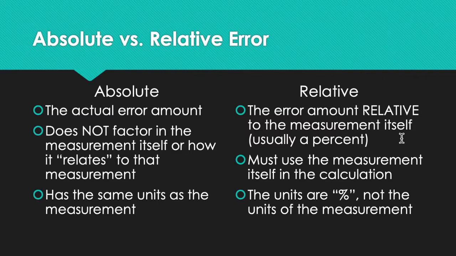And a lot of times we do that as a percent. To figure out the percent, you need to use the measurement in the calculation and calculate what percent that 0.1 centimeter is of your measurement. And then when you are calculating that, the units of the measurement are going to cancel. So 0.1 centimeters over 14 centimeters, the centimeters will cancel, and the final units are going to be percents.